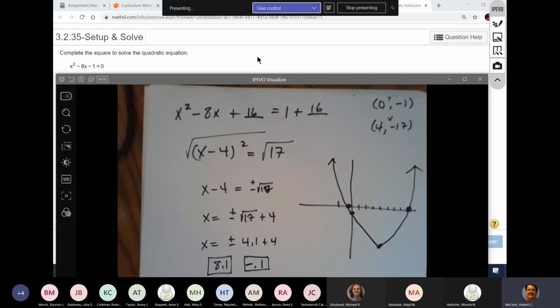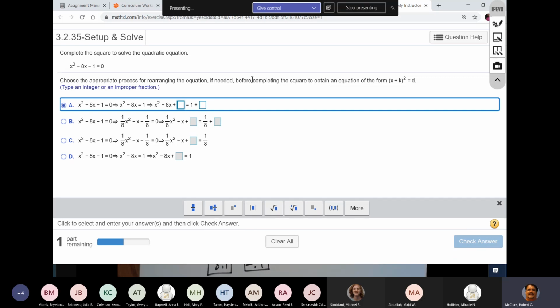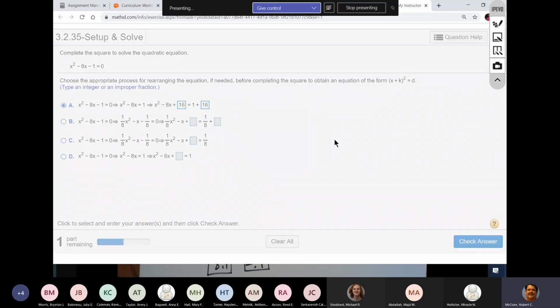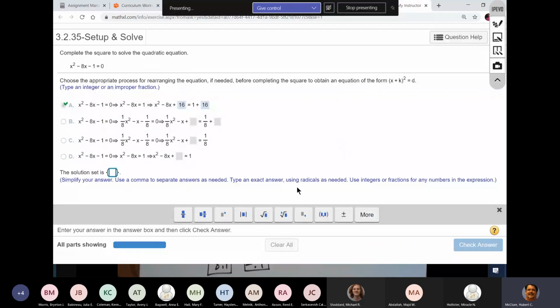Now let's see what they ask. Choose the appropriate process for rearranging. Well, I guess it would be this right here. X squared plus 8x plus 16. There we go. The solution set, type exact.